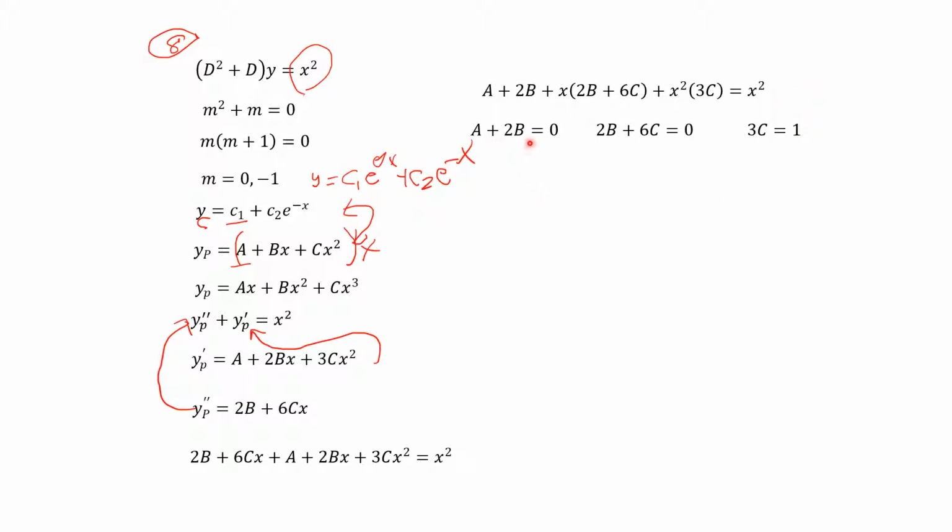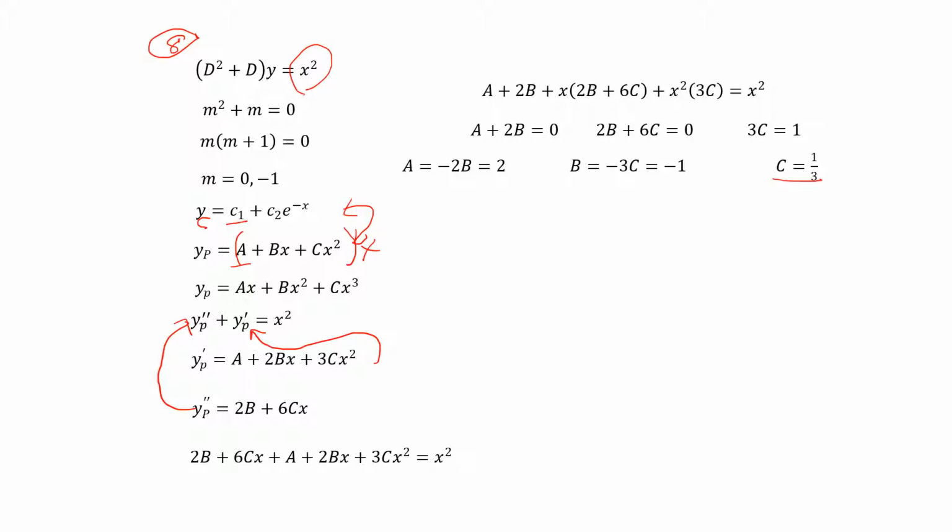Obviously, a plus 2b is 0, 2b plus 6c is also 0, there is no x there, and 3c is 1 because of that x squared there. Okay, let's just erase this. Now look at this. You get c is already 1/3 here.